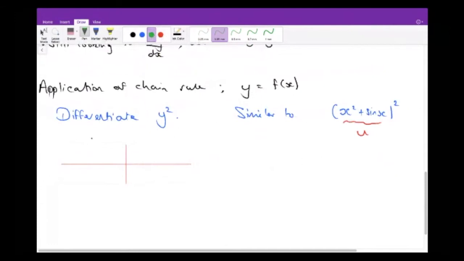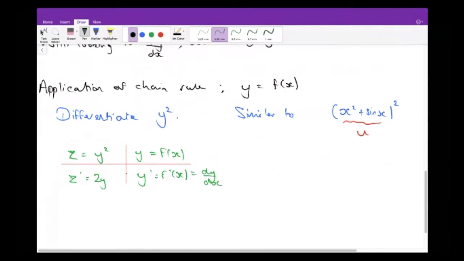So I know that overall, I've got the equation, let's call this z equals y squared. And I know that y is equal to, let's say just, y equals f of x. Well, so z dash is equal to 2y, and y dash is equal to f dash x, or we could say dy by dx.